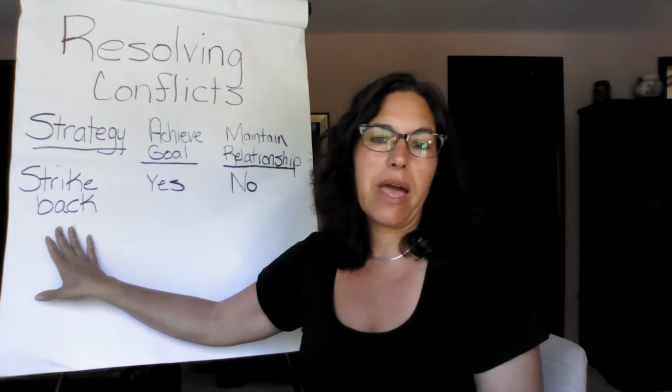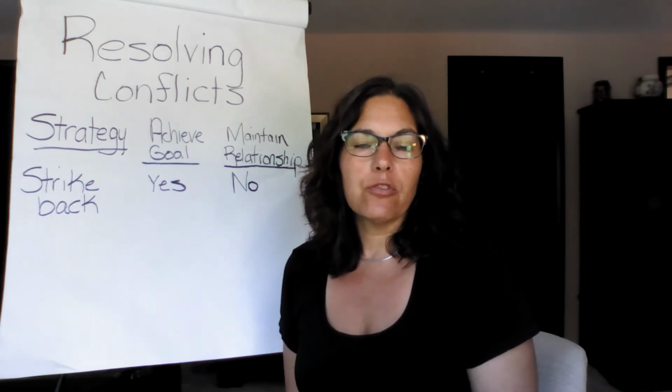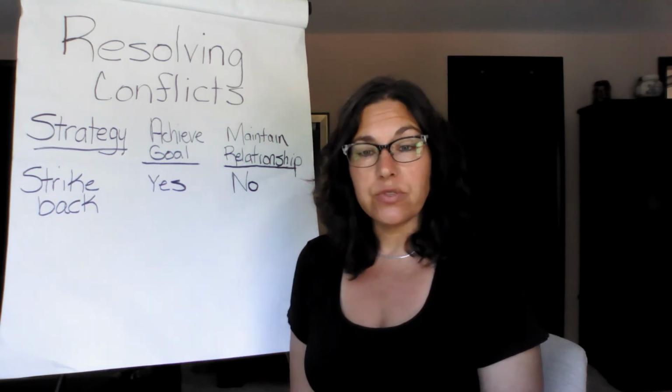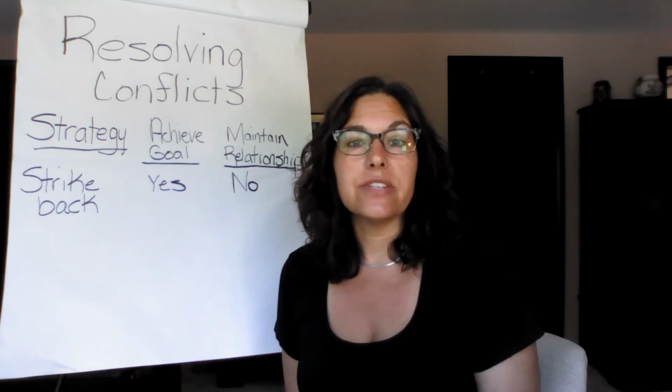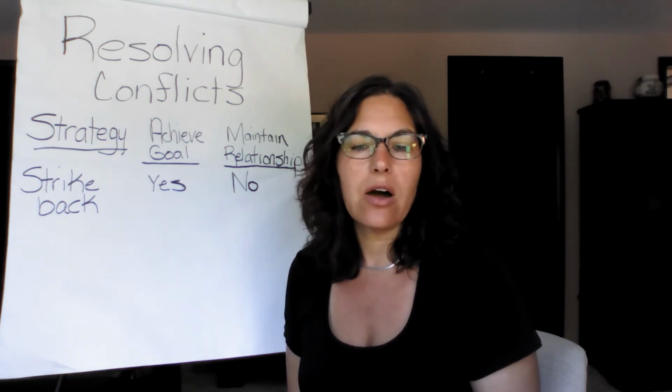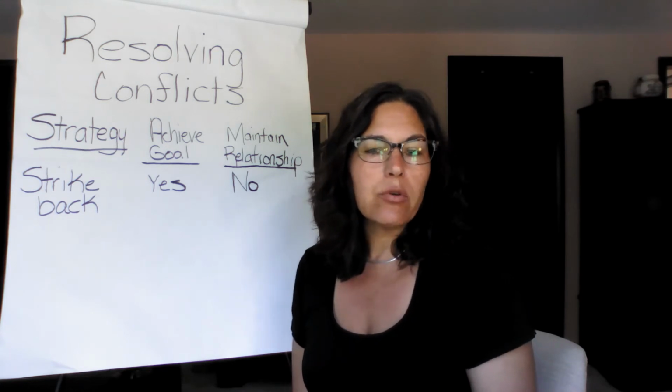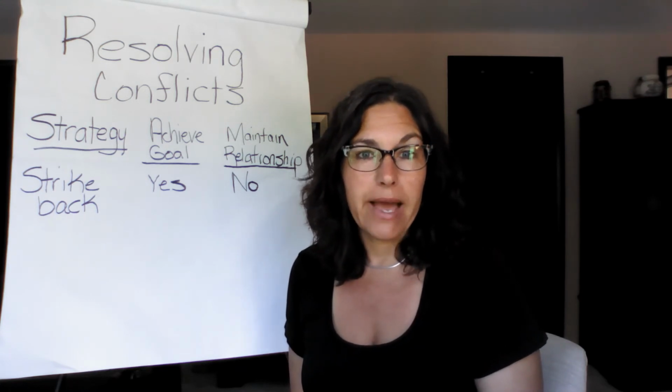So in the strike back example, if your friend wants you to hang out and you say, I can't, I have chores I have to do, and the friend yells at you and says, well, if you don't hang out, you're not my friend, that would be an example of striking back.